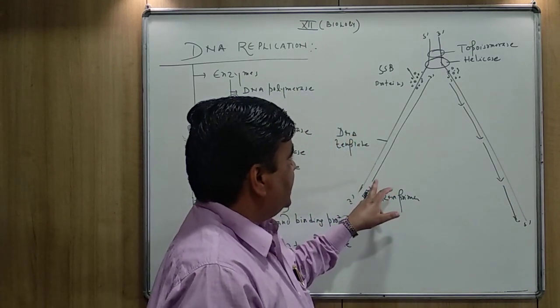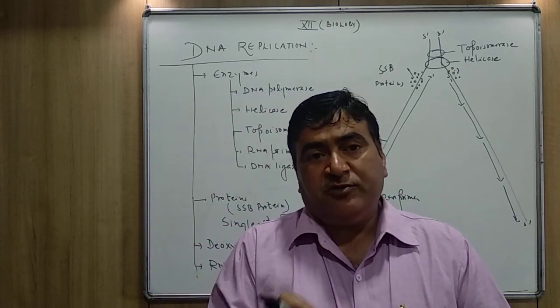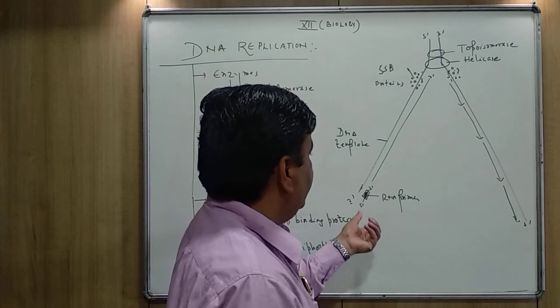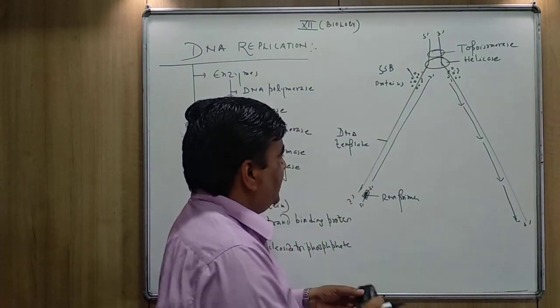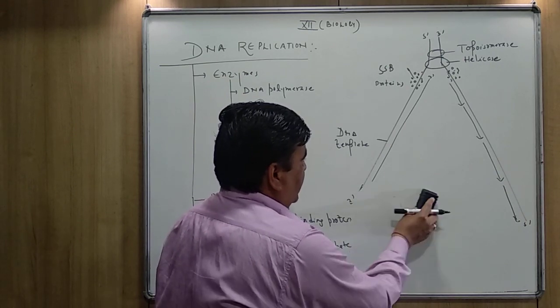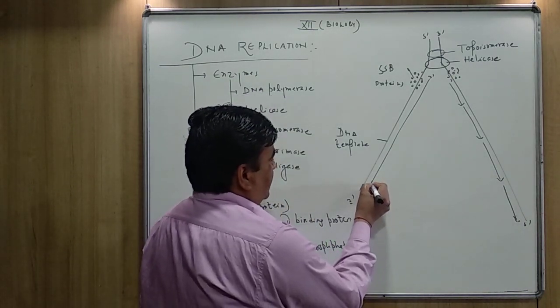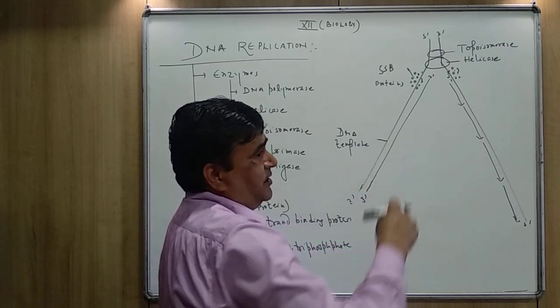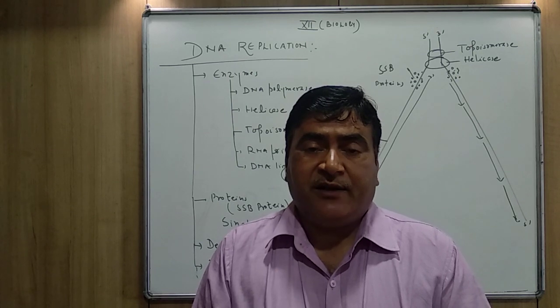Once the chain is started, the primer is removed and replaced by deoxyribonucleotides. So the primer just starts the process of DNA replication, and later on the primer is replaced by the deoxyribonucleotide substrate.